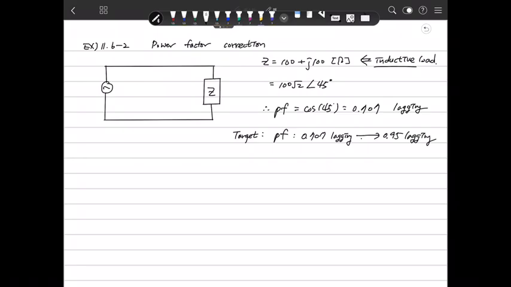How can we do that? We can add another impedance here, like that. This is a GEC.